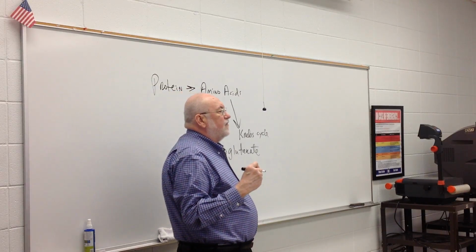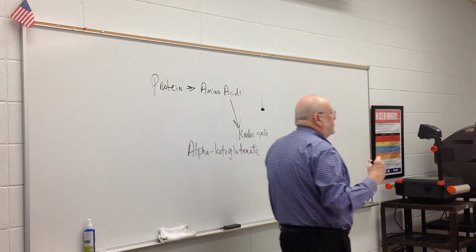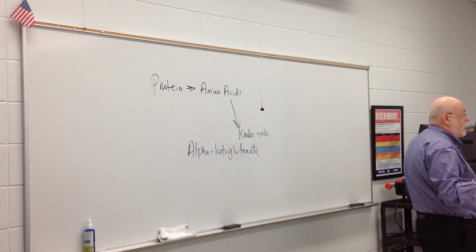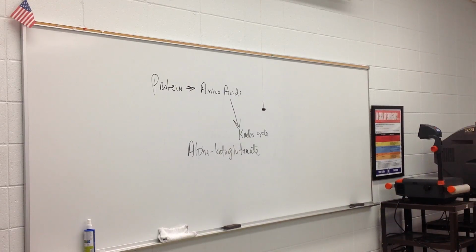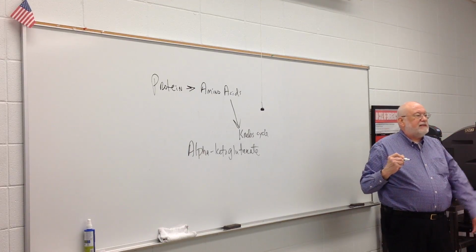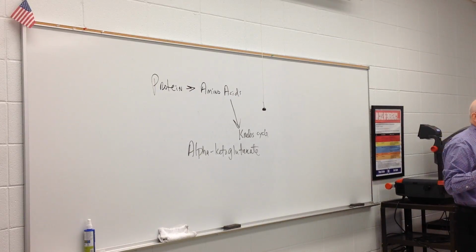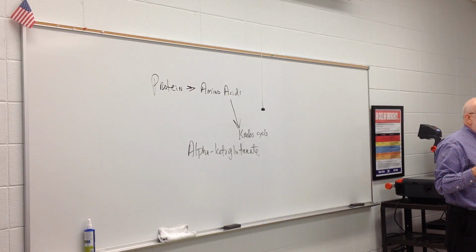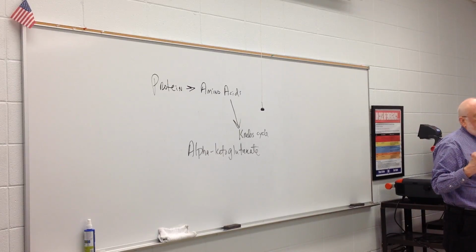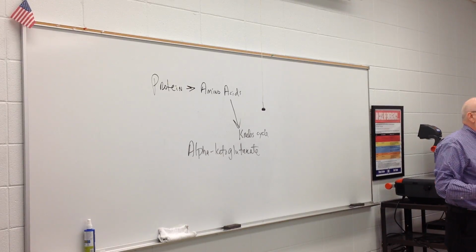You can actually siphon that off and use that as a starting material to make amino acids. So if you've got excess carbohydrate, you can get it down to the alpha-ketoglutarate, siphon some of that off, and then start making amino acids that way. So you can actually convert sugars into amino acids.